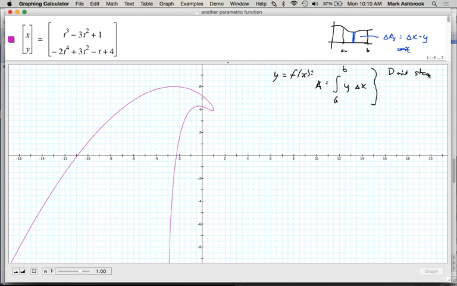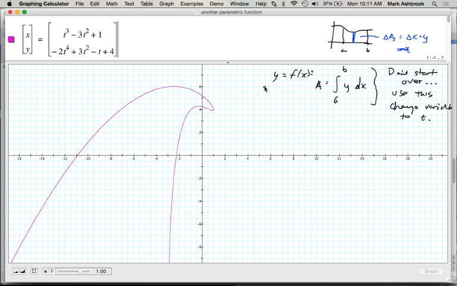We're going to use that. This is dx, sorry. And then change variable to t.